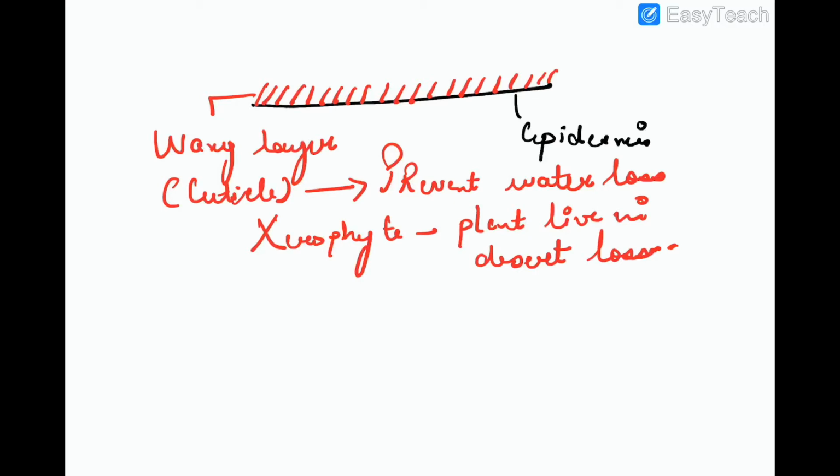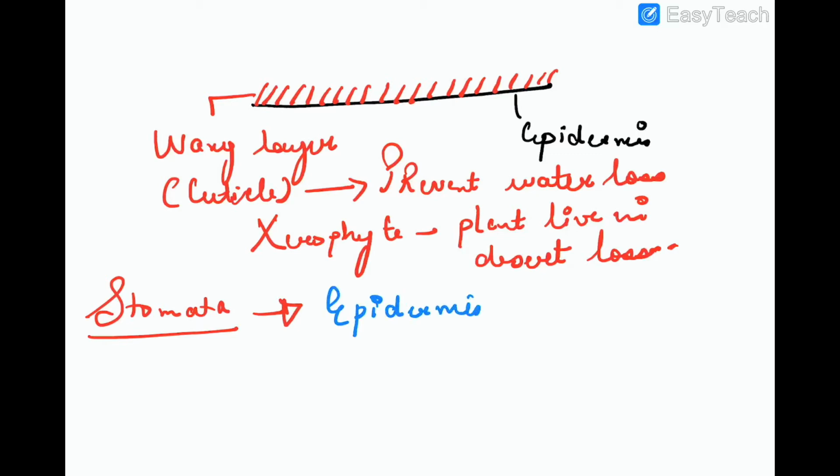Now let us talk about the second component, that is stomata. Stomata are small pores present in the epidermis of the leaf.